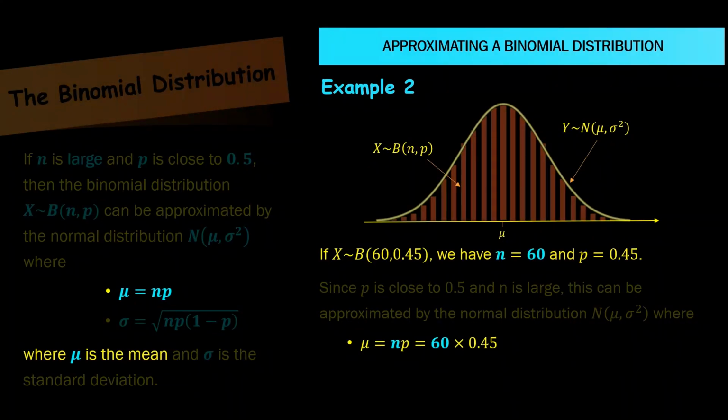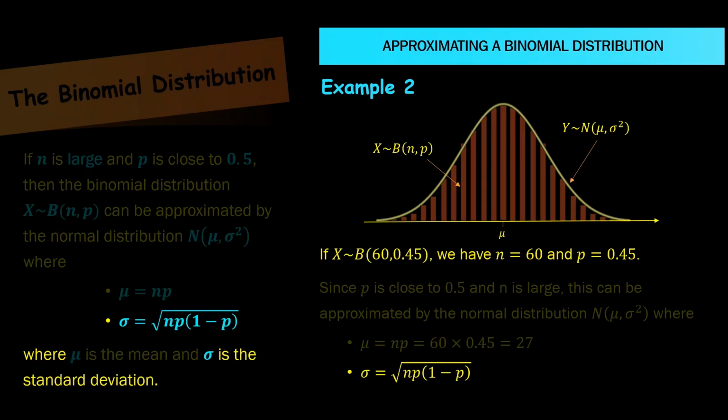So mu, the mean of the normal distribution, equals n, which is 60, times p, which is 0.45. This equals 27, so the value of our mean is 27.